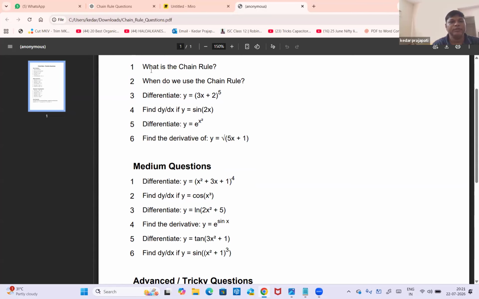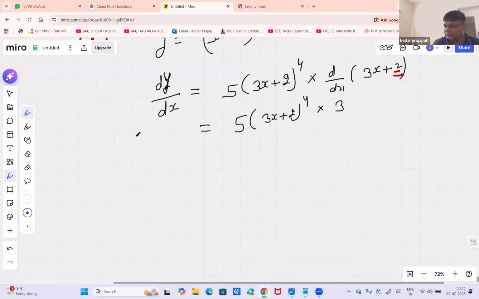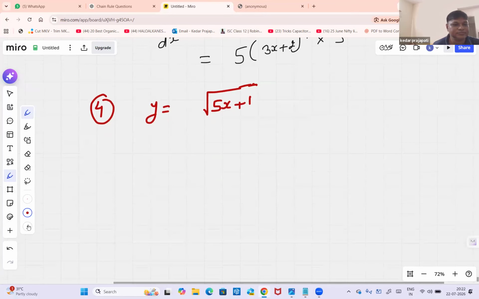Y equal to root over (5x plus 1). So let us change it into the x to the power n format. This can be further written as (5x plus 1) to the power half.